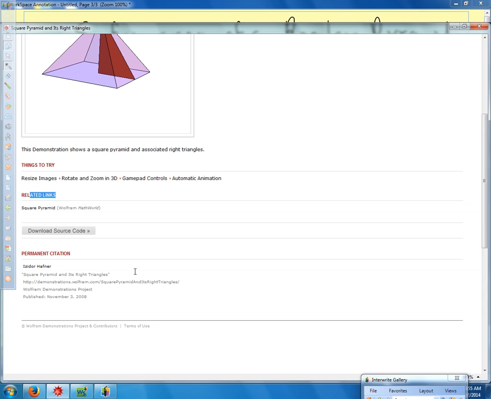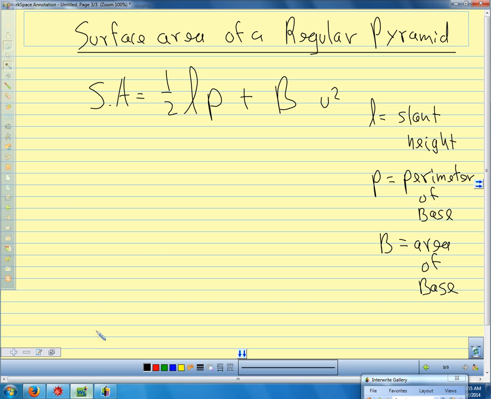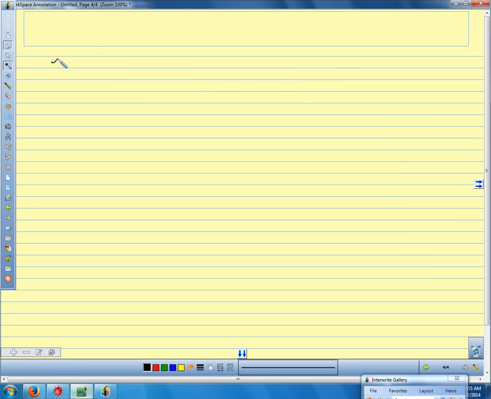All right, so let's solve a couple of problems using this formula. We'll start with an easy one. We're going to find the surface area.